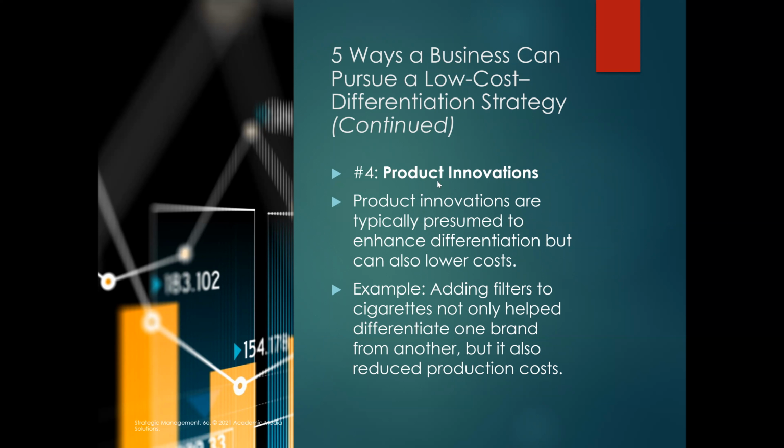Here's an example: adding a filter to a cigarette is a very cheap way to help differentiate your brand, but at the same time, it also reduces the production cost, because instead of using material that's more expensive, this filter can help you reduce the cost further.